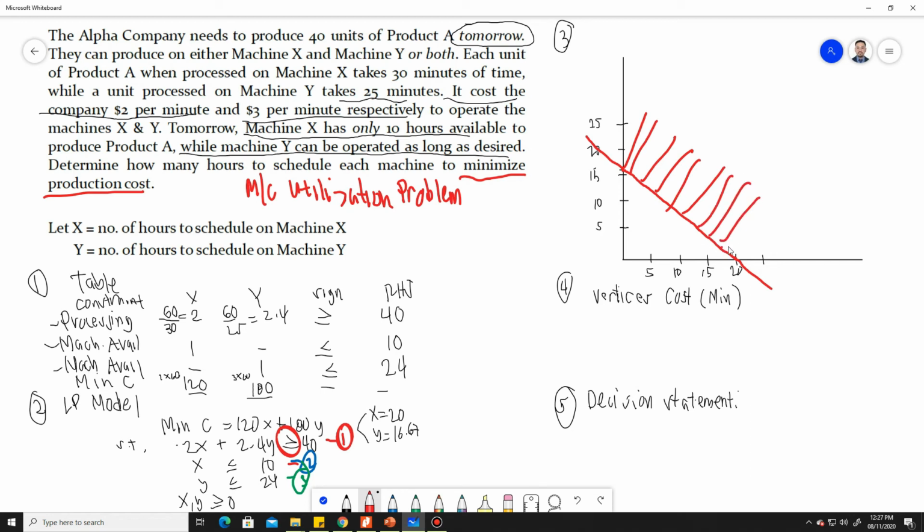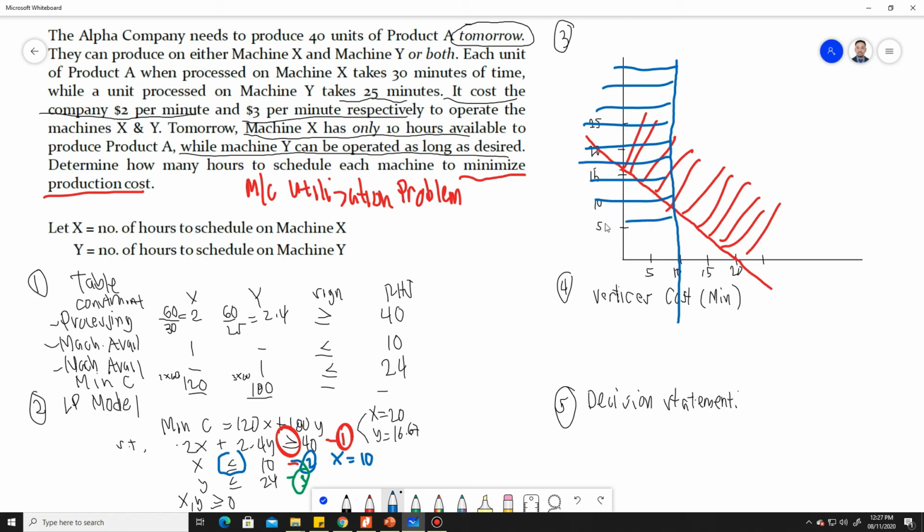Okay? For our second constraint, so second constraint is x equals to 10. Di ba? So, saan yung x is equals to 10? So, ito siya, no? Vertical line. Ayan. And then, sign is less than or equal. So, ang shading natin is to the left of the line. And lastly, yung third equation.